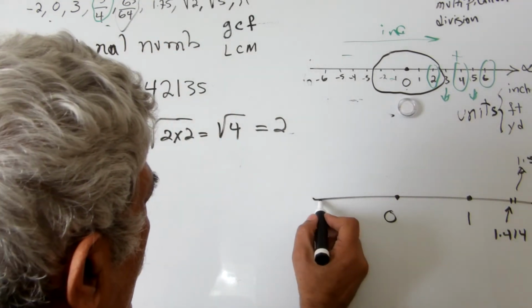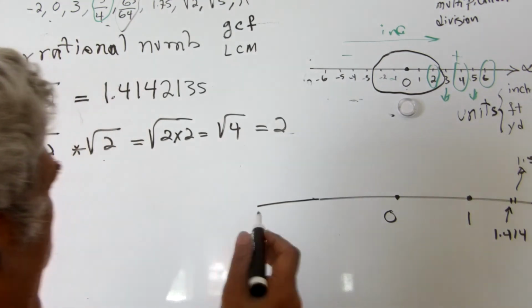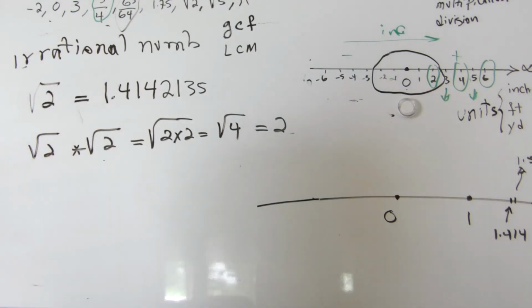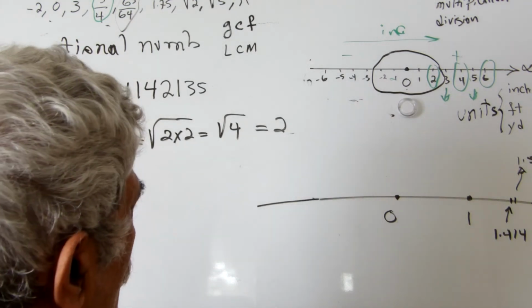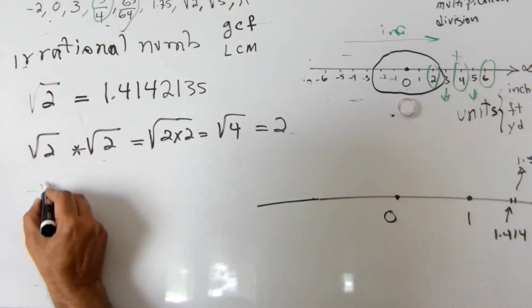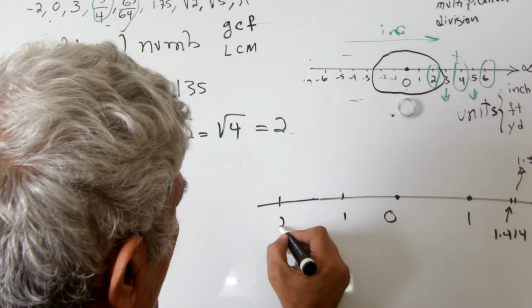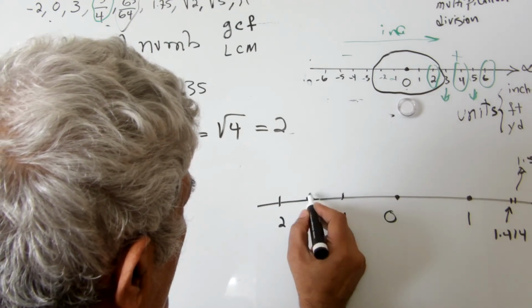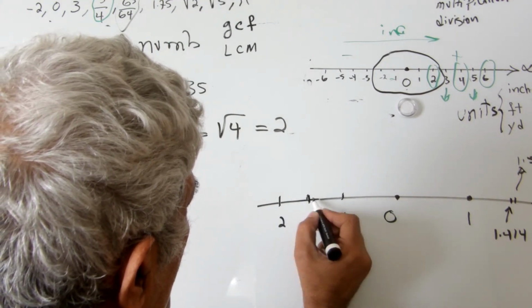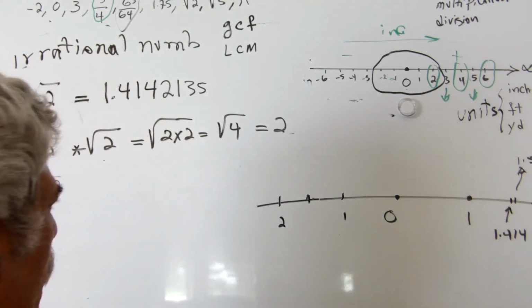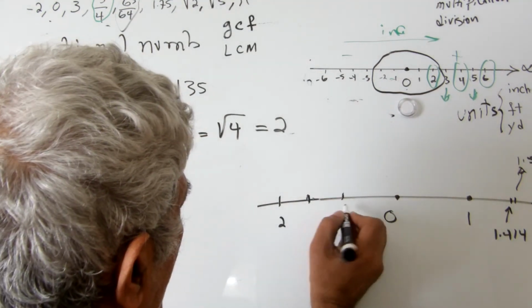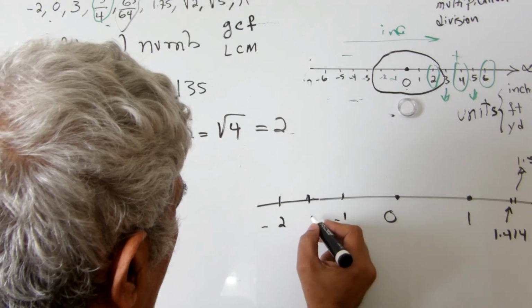It's the same with a minus. Minus radical 2 is on the other side of 0, just behind the middle, minus 1.5.